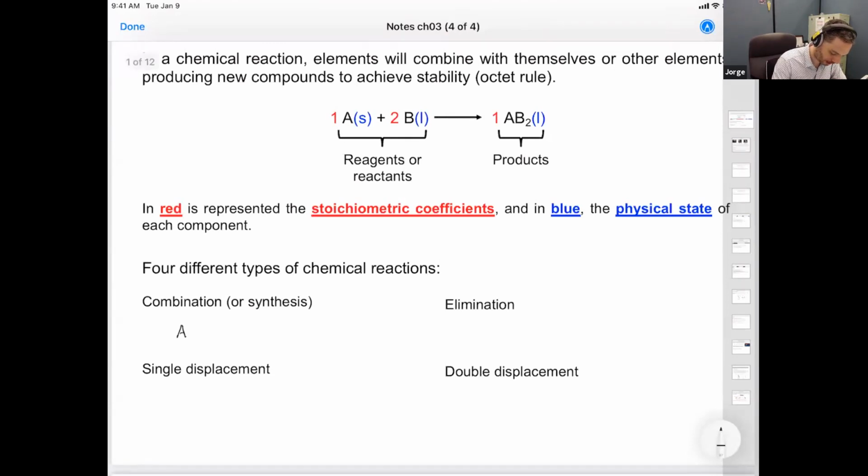For example, A reacting with B, producing only one product. So we combine the reactants to form only one product. And this kind of reaction is labeled combination or synthesis.